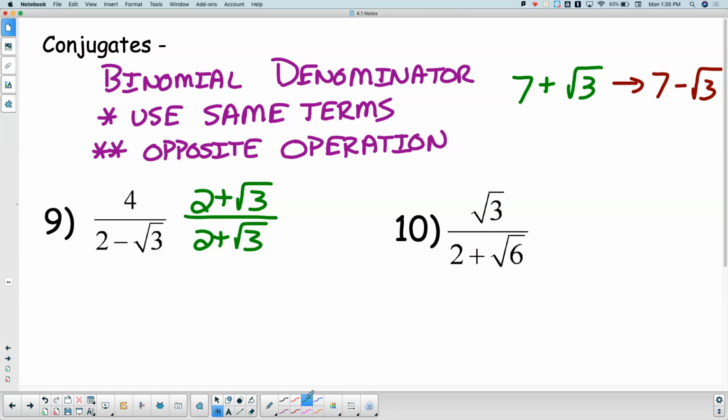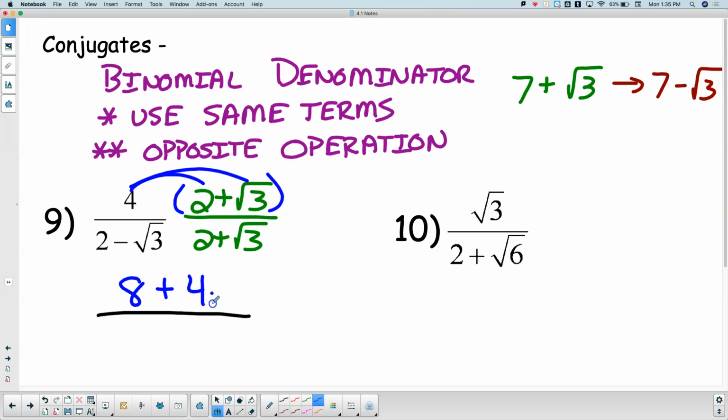So on the top now, if I take 4 times this binomial, I would have 8 plus 4 square roots of 3.